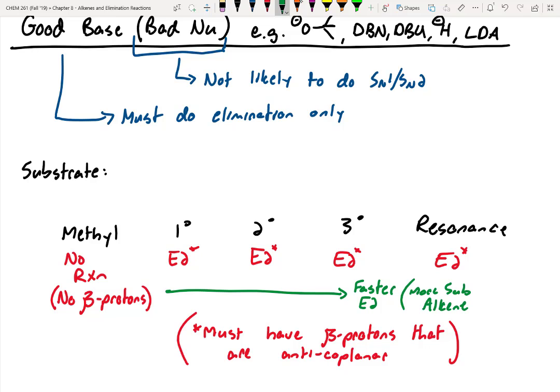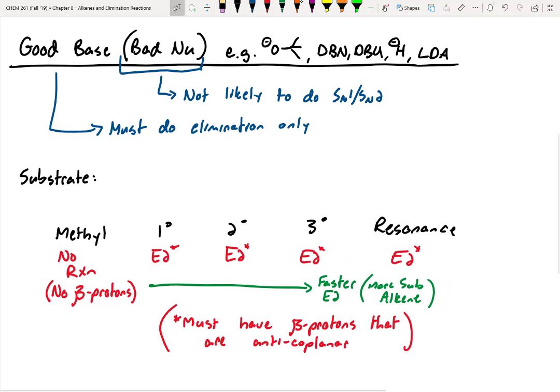And we said that that has to do with the hyperconjugation that's occurring when we make these double bonds. We really like making more substituted alkenes when possible because that has a lower energetic barrier. Does this make sense? So these are pretty easy. If we look at strong bases like these, always going to do E2.